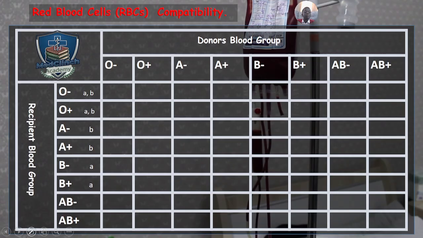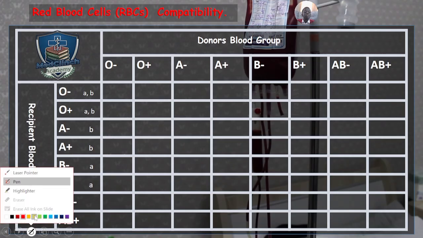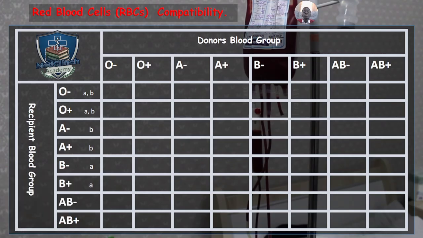Let's use the pen. Now we're going to fill this table together. I'm going to use a tick. Tick means accepted, X means not accepted. It means O negative can give anyone the blood. This blood can be received by anyone, so I'm going to tick here across the table. This one can be given to anyone.